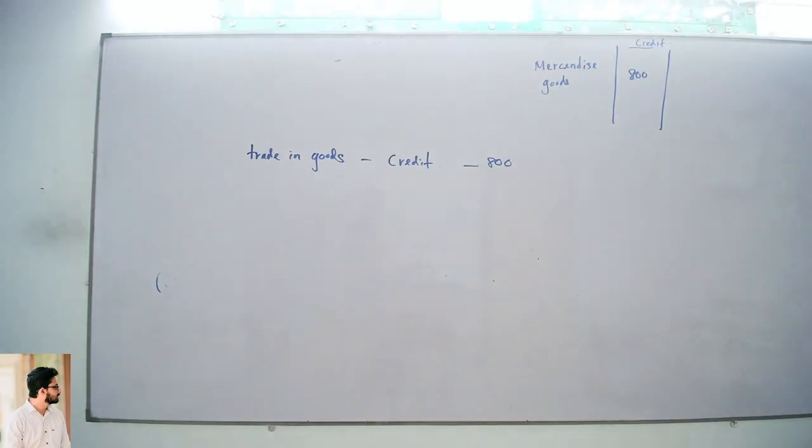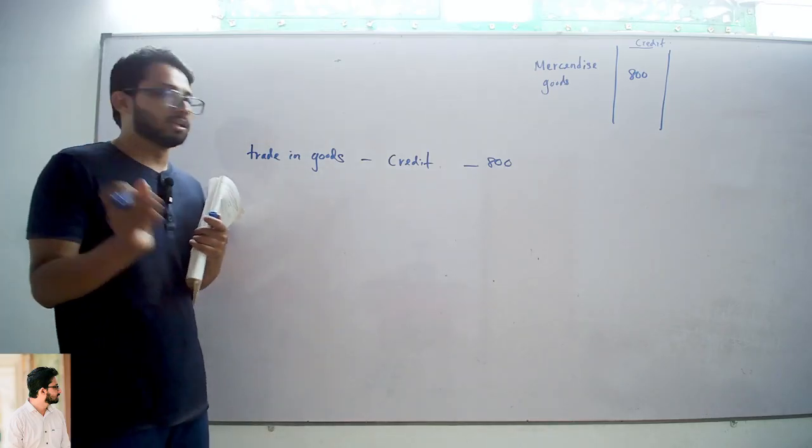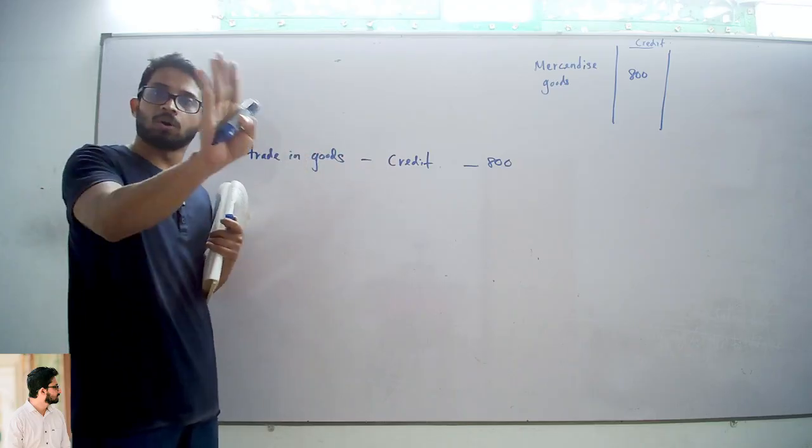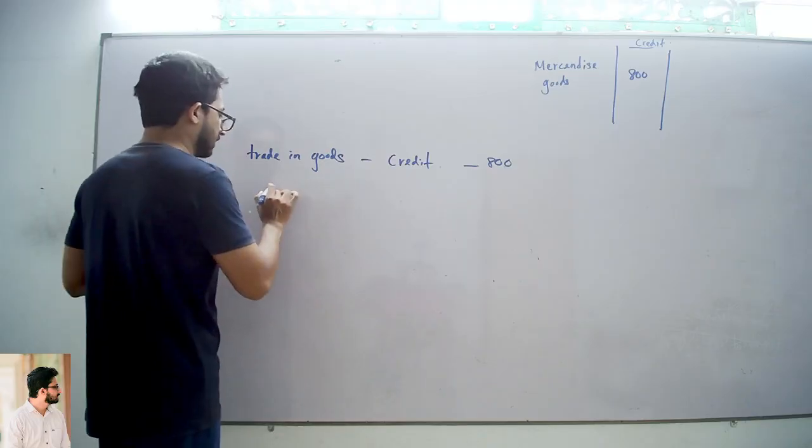Trading goods 800, credit 800. Where is the other entry of this transaction? Very good, currency and deposit account. If this is credit, the debit entry goes to the currency and deposit account.